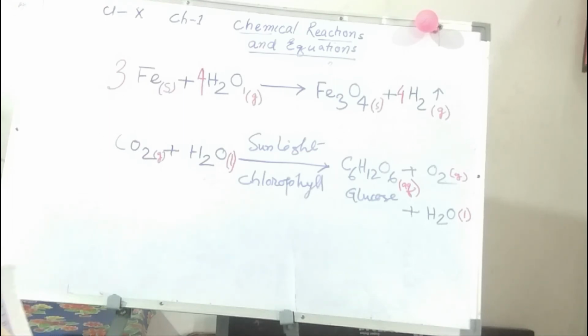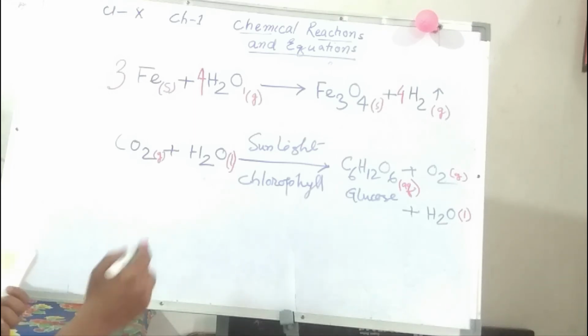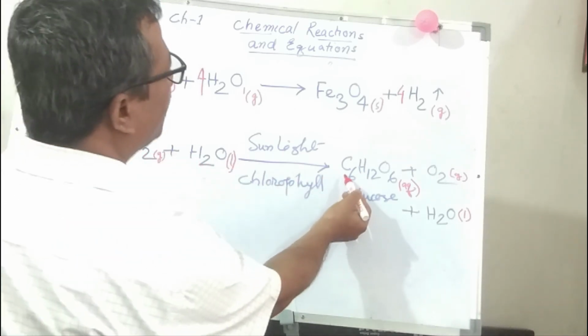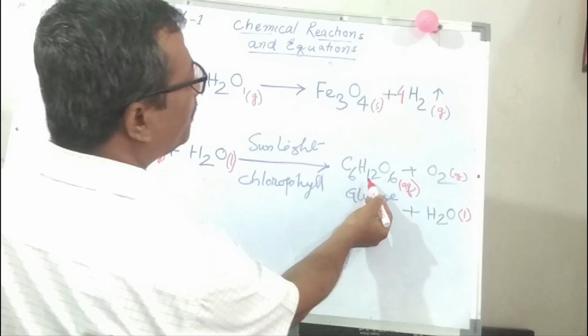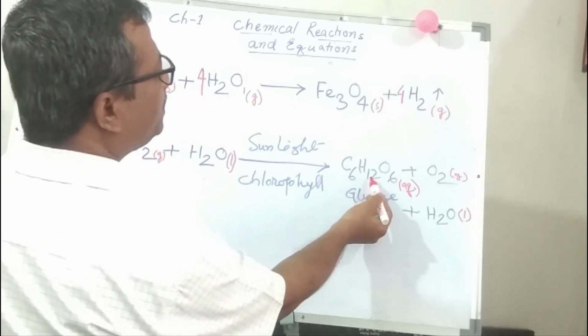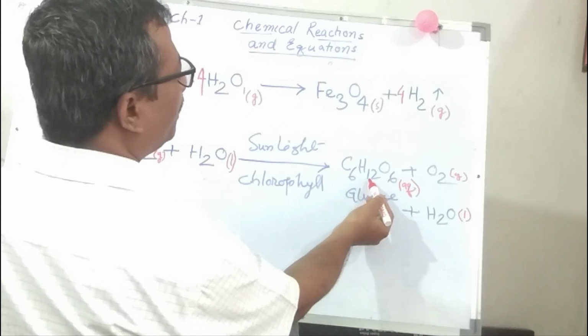Now can you balance the equation? So what is the maximum number? Here oxygen is 2, hydrogen is 2, here carbon is 6, hydrogen is 12. So hydrogen is 12. This is the maximum atom.